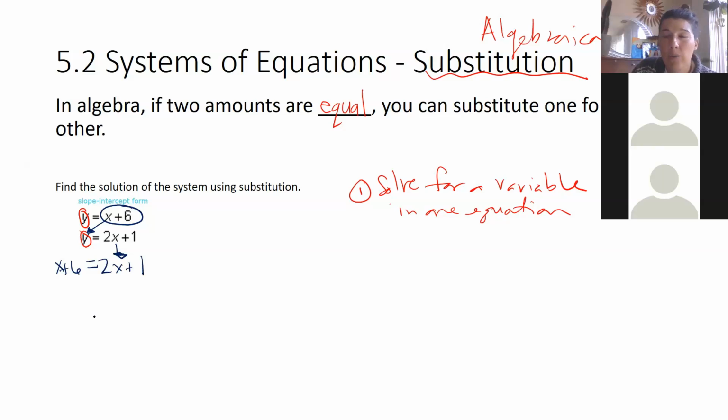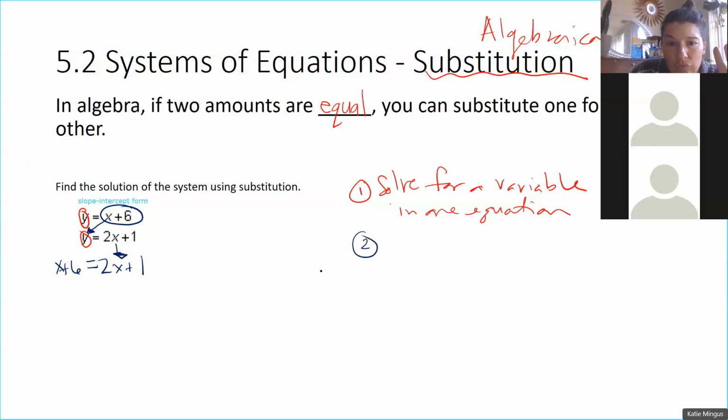X plus 6 equals 2x plus 1. Now, check in here. How many variables do we have in this equation? Do we have one variable or do we have two variables? We have an x. Two variables, but they're the same. It's the same variable. Notice we're down to one variable, which is what we wanted, because we can solve an equation for one variable.